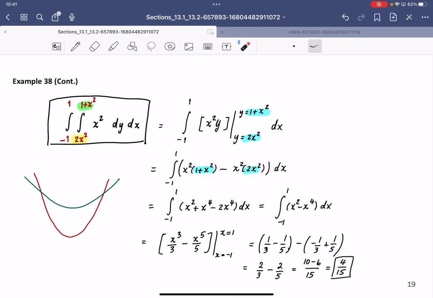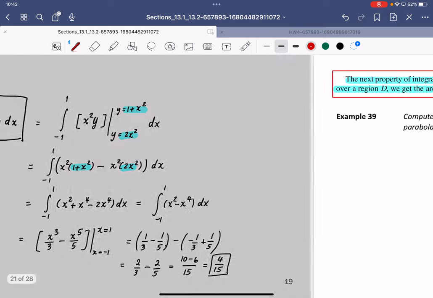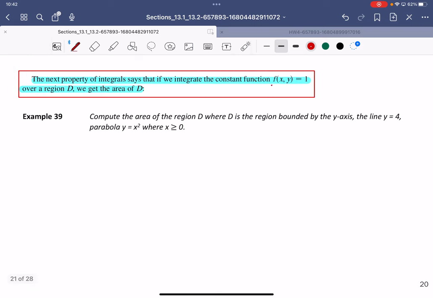Basically, when you say that the region is D here, you put yourself on the domain D, and then the rooftop is going to be this function, x squared is going to be on your roof. So if you put f(x,y) equal to 1 inside here, you're going to get the area of the region.